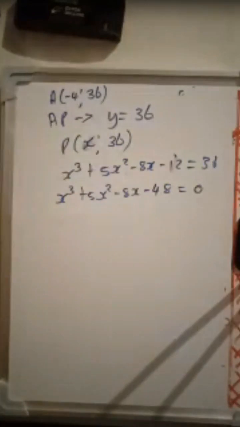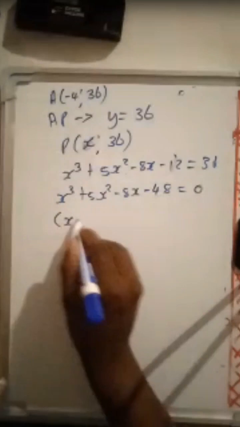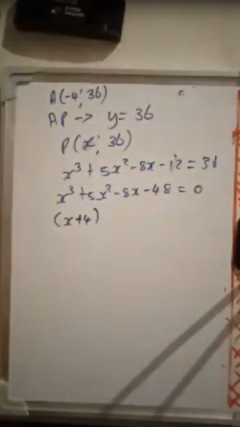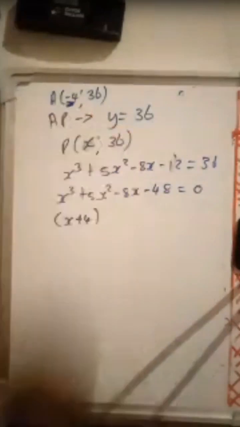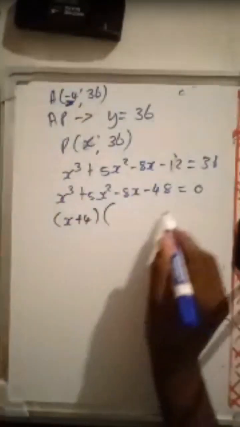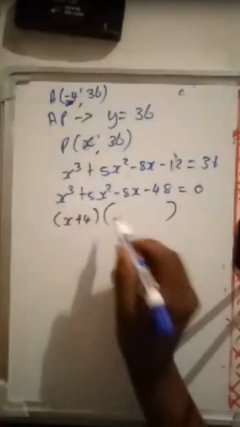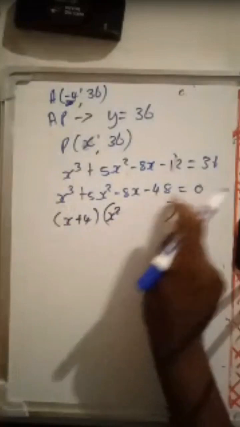Now we find the factors. I've already done this. The first factor that I got there was x plus 4. Was it x plus 4? Yes, because remember that we have this one. So in order to solve the next one, x squared, negative 48 divided by 4, I get negative 12.